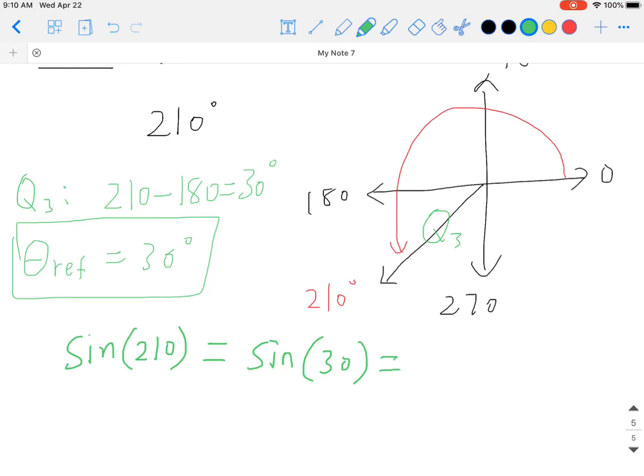And we know sine 30 right away from the exact value table: it is half. But now you have to think about All Students Take Calculus. Sine in the third quadrant will be negative instead, because in the third quadrant only tangent is positive.